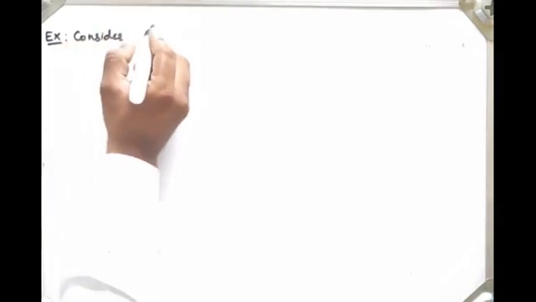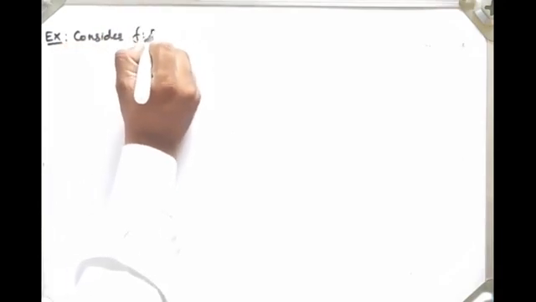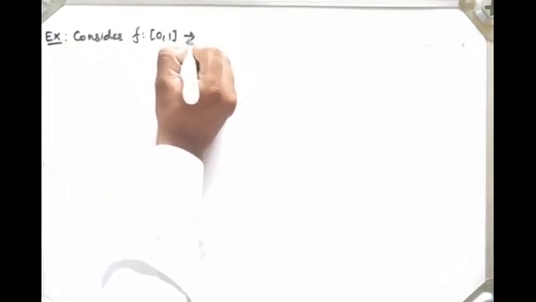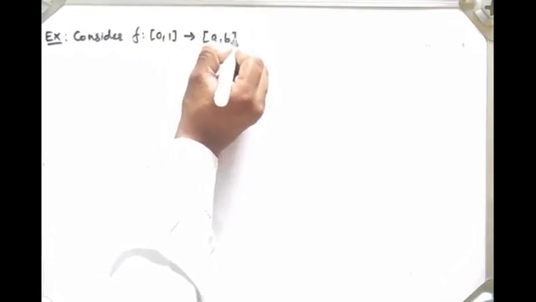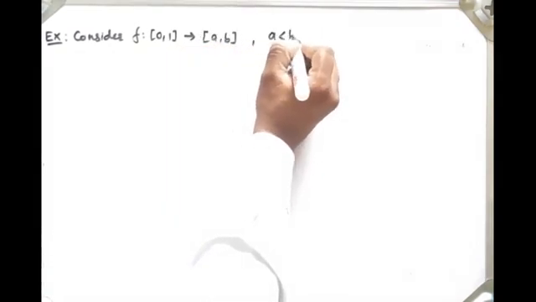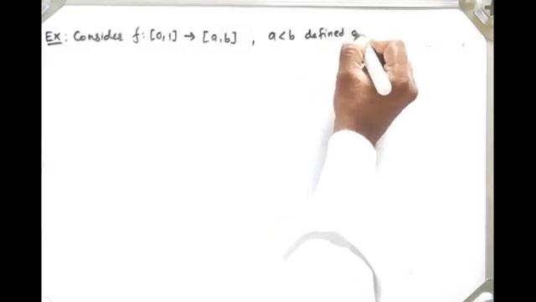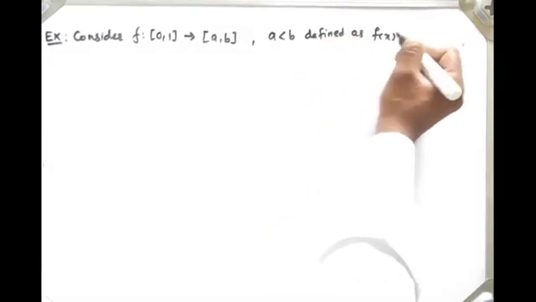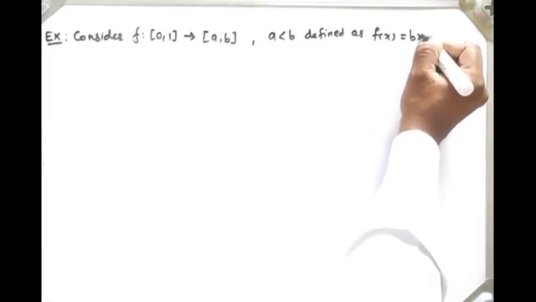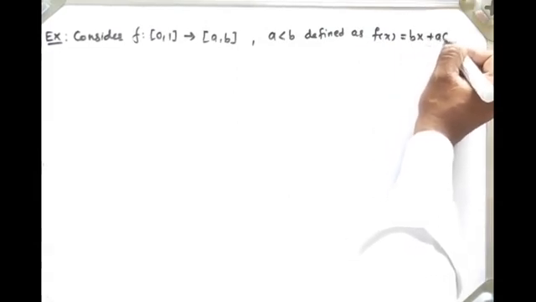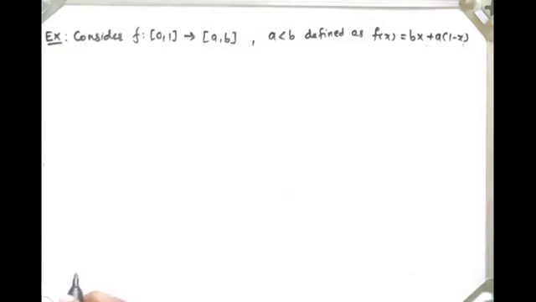Let's see another example. Consider f from closed interval [0,1] to closed interval [a,b], where a is strictly less than b, defined as f of x is equal to bx plus a into (1 minus x).